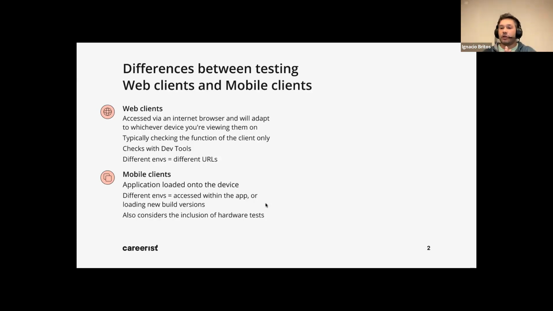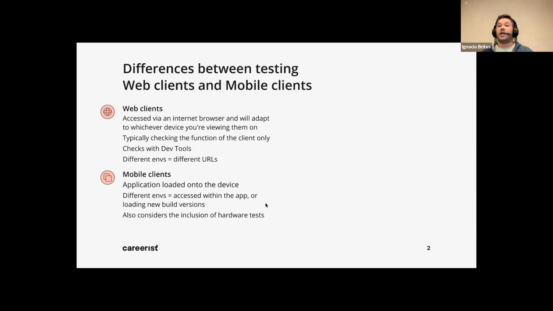So you cannot access dev tools in a mobile device or mobile client. The only way of changing the environment that you are pointing to in a mobile client is by installing a new version or a new release of a mobile app.